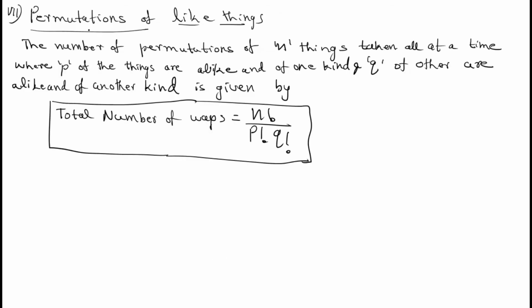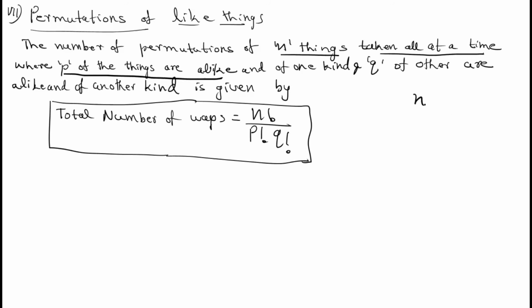Okay, our next concept is permutations of like things. See, the definition says the number of permutations of n things, n objects are given, taken all at a time. That means you are making arrangements for all the objects where p of the things are alike.